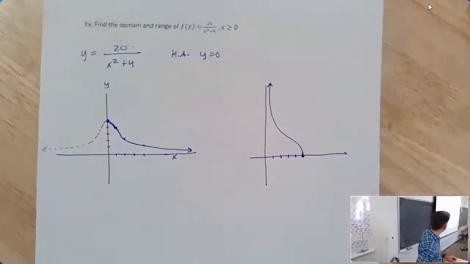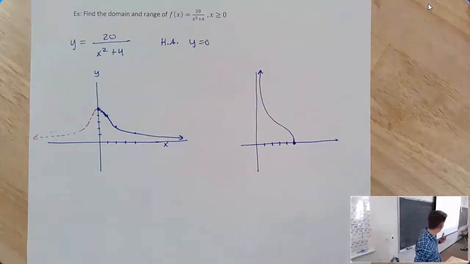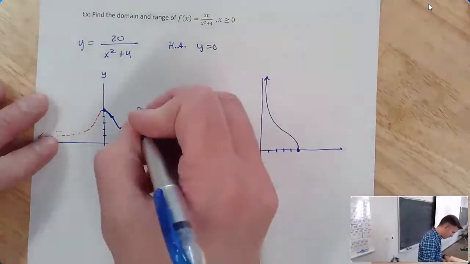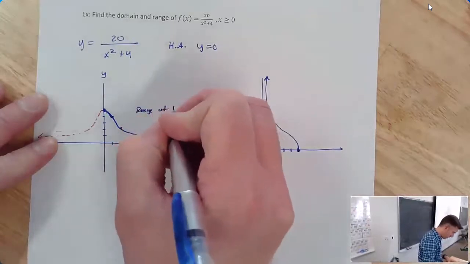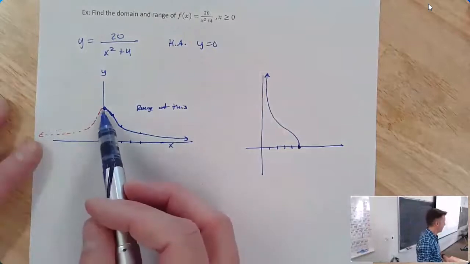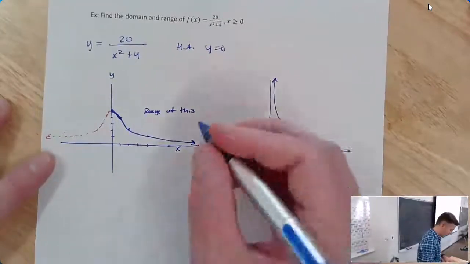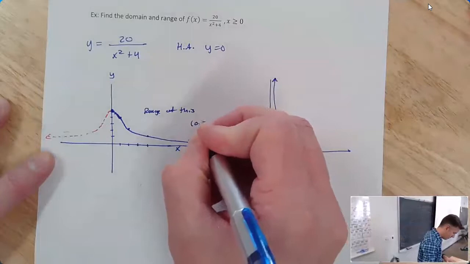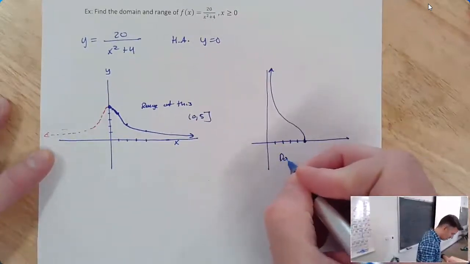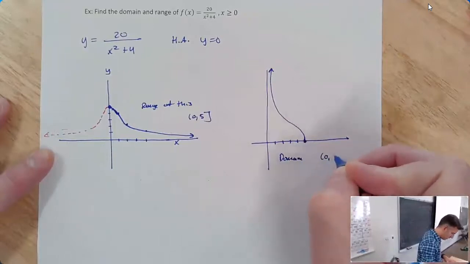So we could think about this in a smart way and say the range is the range of this. You also could look at this function and say, well, look, James, you're going as high as 5 and as low as almost 0. So the range of this is everything from 0 to 5, which is the same as the domain of this, right? The domain here is everything from 0 to 5.